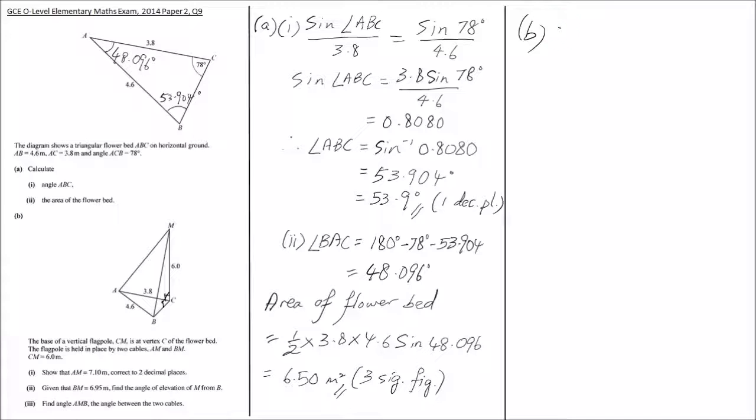So AM square is equal to the sum of squares of the other two sides, 3.8 meter square plus 6.0 meter square. So AM will be the square root of this sum.